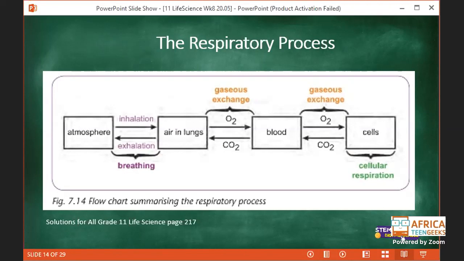Remember, we have the use of oxygen in aerobic respiration. The cells release carbon dioxide into the blood capillaries. The blood capillaries move to your lungs, transport that carbon dioxide, and we exhale it, and that carbon dioxide goes back into the atmosphere.